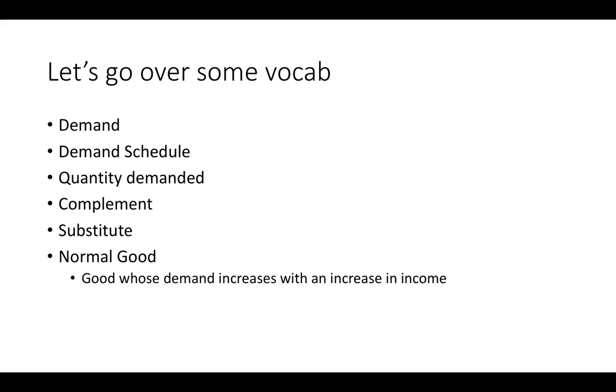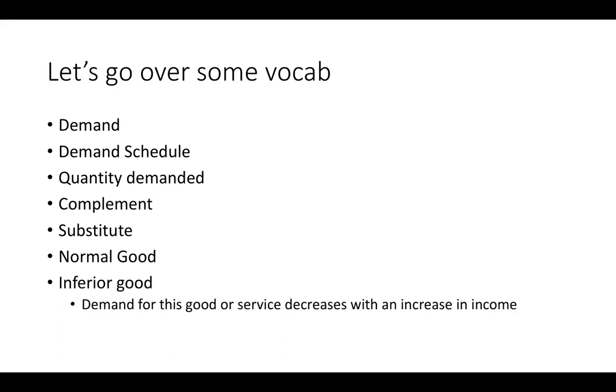So if we found $20, a normal good is something we would purchase more of if we saw a change in income. Whereas an inferior good is the opposite. As we have an increase in income, for an inferior good, we would actually see a decrease in demand for a good or service.